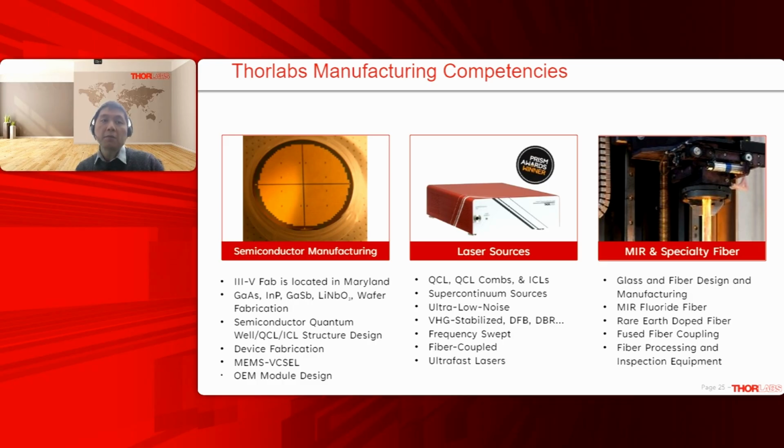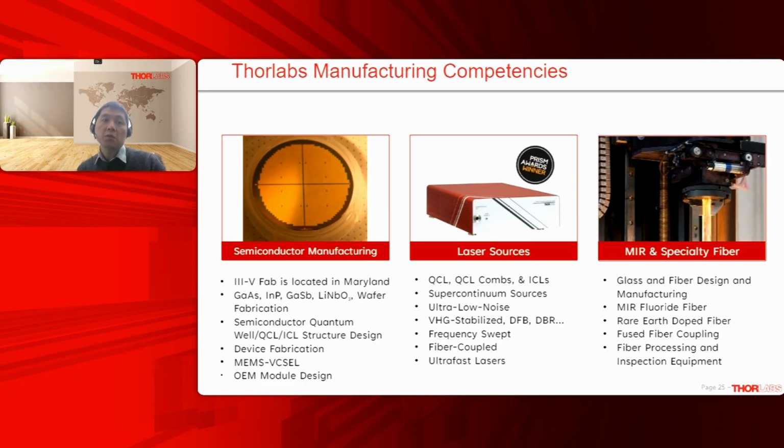At Thorlabs, we have many manufacturing competencies, but here I will only mention a few related to mid-infrared light sources. Many of you may not know that we have a full III-V semiconductor manufacturing facility in Maryland, United States. We design and manufacture various semiconductor lasers, gain chips, and even MEMS VCSEL modules covering the whole wavelength range from near-infrared to mid-infrared.